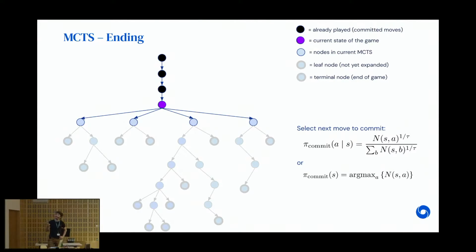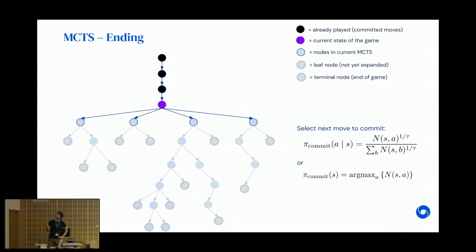And here, again, the idea is that the visit counts are a more accurate representation of how good an action is than the initial prediction of the policy head in this state, which didn't have any look ahead available to it. But after we have done the tree search, the branch that got explored the most can be expected to be actually the best or the most promising one to take.